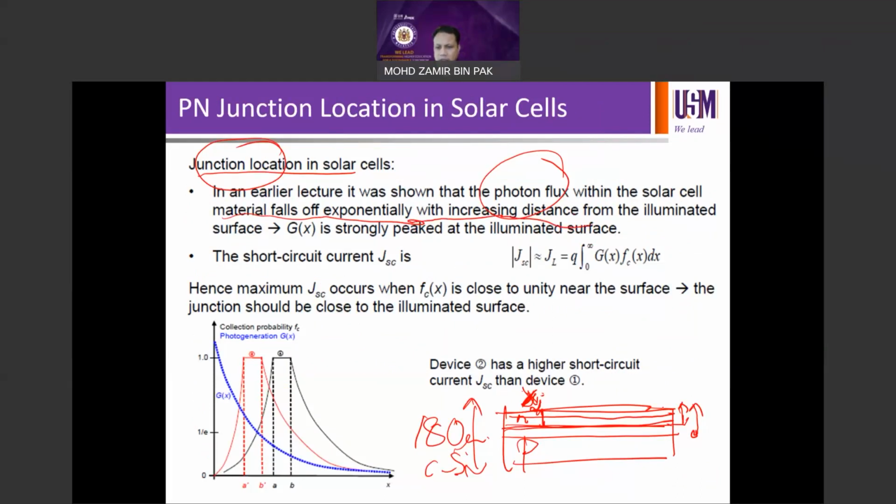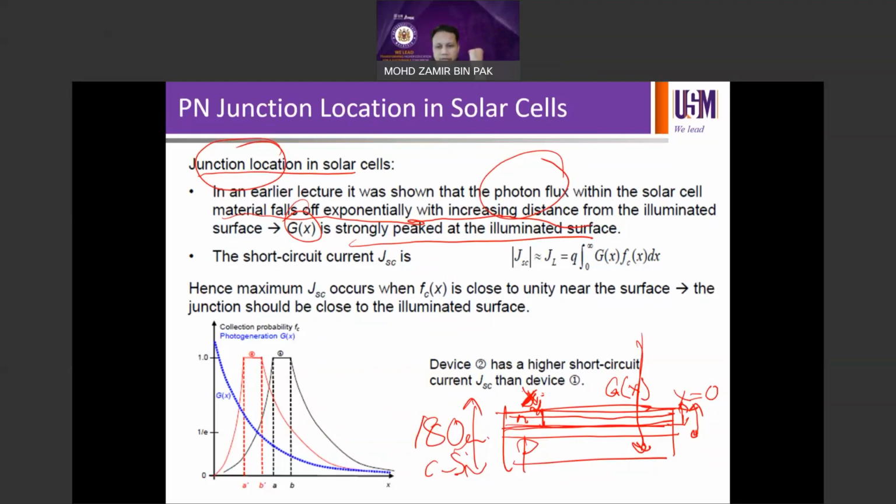If x is at 0, as you go further into the crystalline silicon wafer or some other semiconductor materials, you should expect the photon flux to reduce in intensity. Since the photo generation of carriers is proportional to the photon flux intensity, Gx is strongly peaked at the surface. Your Gx is the highest at the surface because your photon flux is the highest at the surface as well.